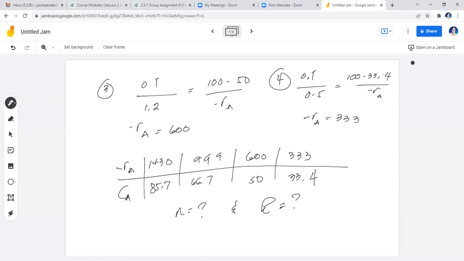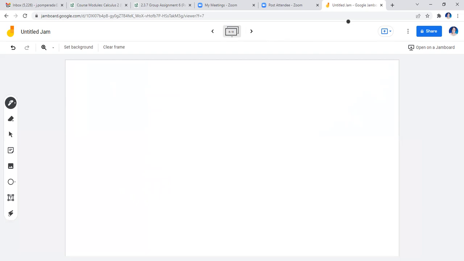You're given the rate and you're given the CA. Remember, your rate law will be written generally like this because we don't know the K and the N. How am I going to find the K and the N? Plot. What will I plot?